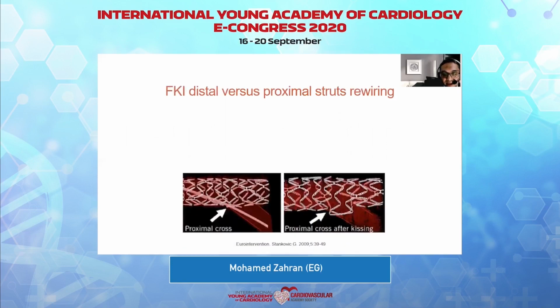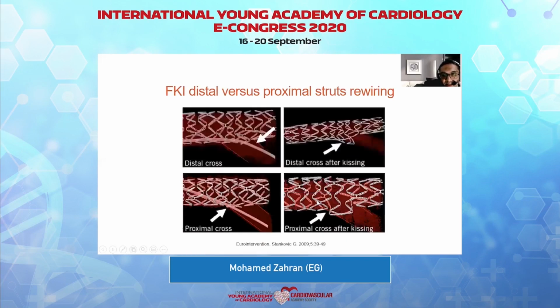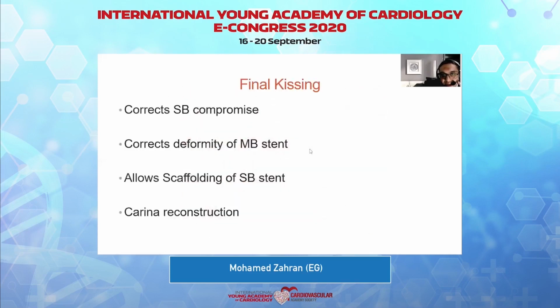So as you see here, if you perform a wiring through the proximal strut and then you do the kissing, you get a deformation of the stent opposite the ostium of the side branch, versus here, if you pass through the distal strut and then you make your final kissing inflation, what do you get? You get very good scaffolding of the ostium of the side branch.